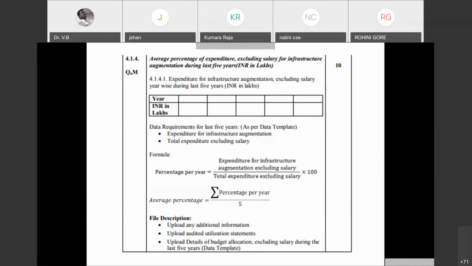Because they are very clearly asking about infrastructure augmentation: whether any new buildings have been built, whether any sports complex has been built, whether any transport bus has been bought, any additional facilities like this. So whatever amount is specified over here should be substantiated with the checks or online payments that have been made for that total amount.